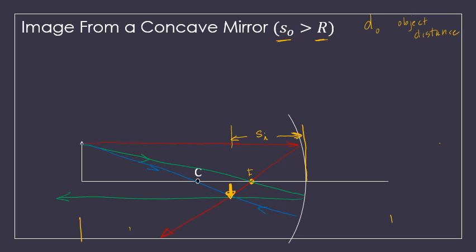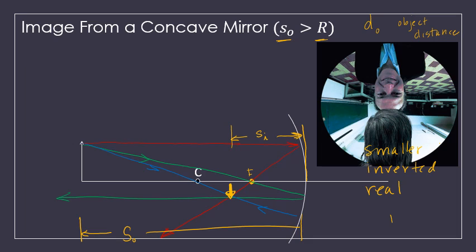This is my object distance. And so the image distance, couple of things to notice. I've got a smaller image, I've got an inverted image, and the rays actually cross here. So this is a smaller, inverted, real image. Those are the 3 things that we want to be able to say about every image.